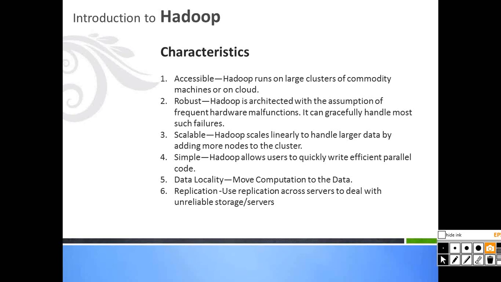You could even connect through XML-based protocols, REST-based protocols, or look at the payload-based ones, or the transport level protocols, TCP/IP or HTTP. So even the piped architecture will work with Hadoop. So it's accessible. Being a large cluster of individual nodes, it is accessible, and it is robust, scalable, simple.